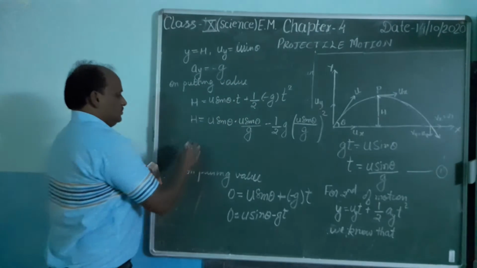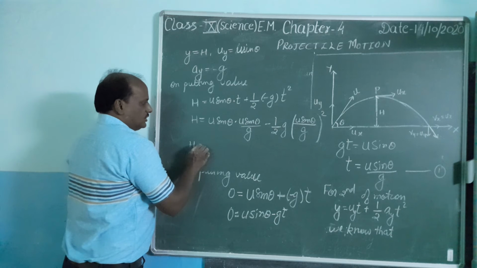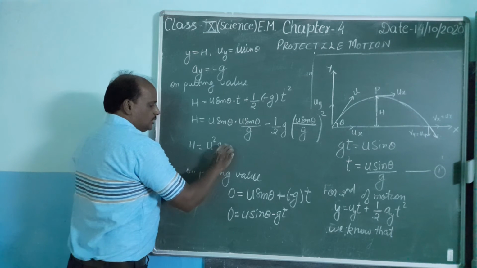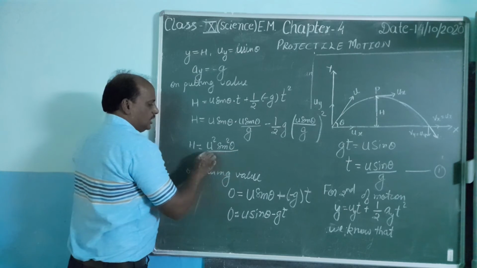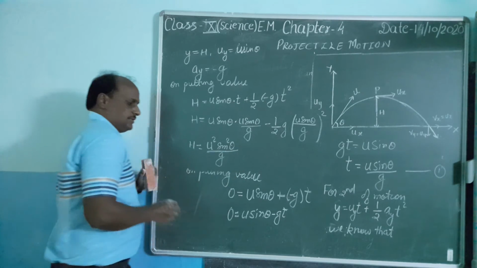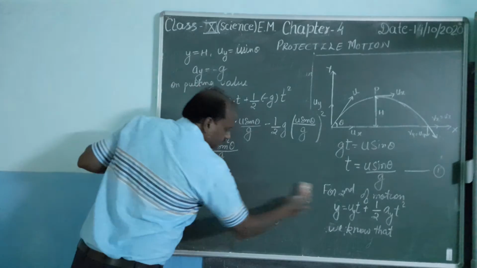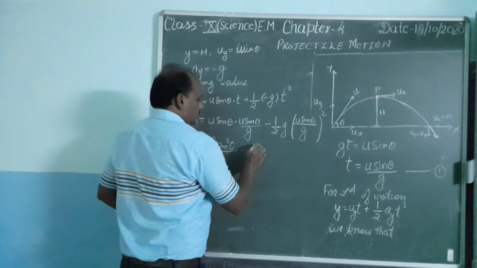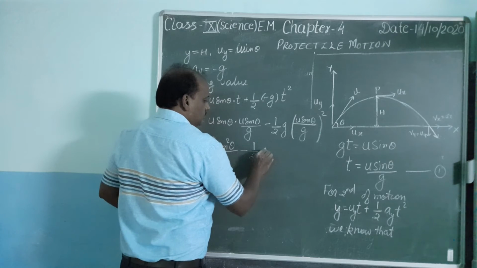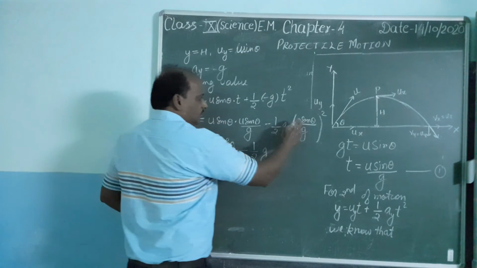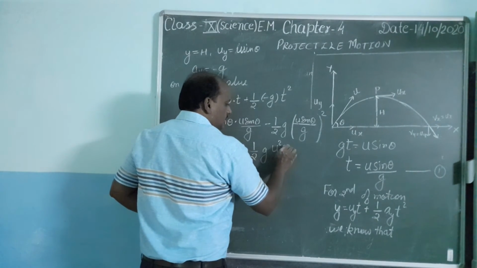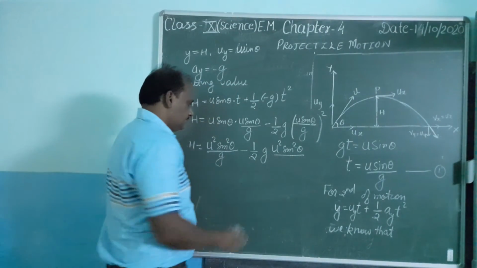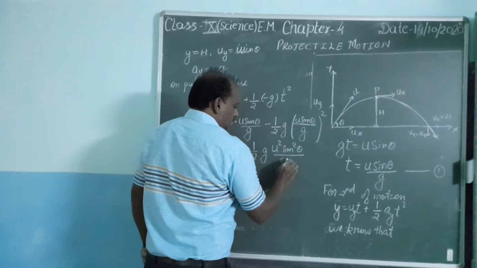So it will become h equals u into u square sin square theta upon g, minus 1 by 2 g times u square sin square theta upon g square.